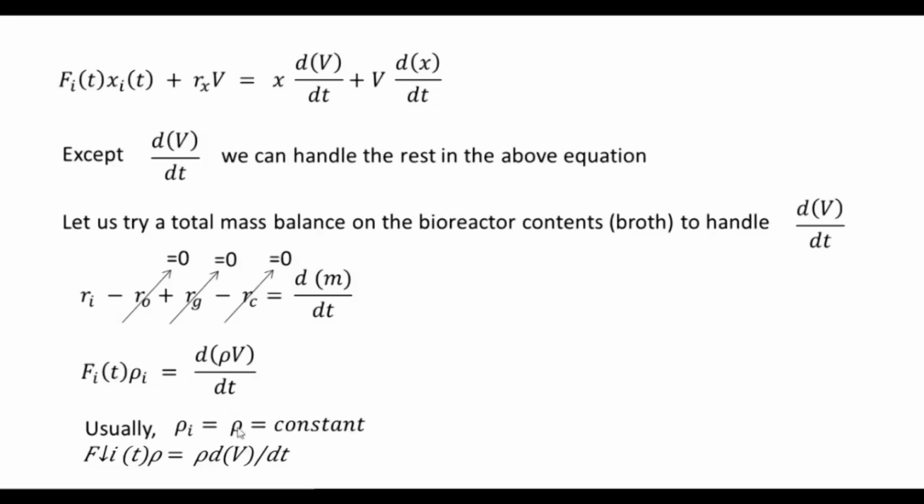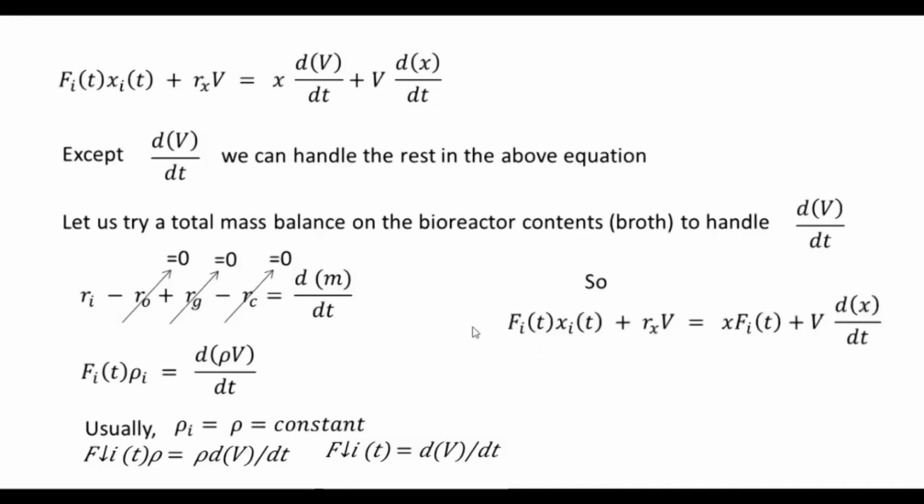Fi(t) times rho, the constant density, equals rho dV/dt. So Fi(t) is dV/dt, cancelling rho on both sides. Therefore this equation becomes Fi(t) Xi(t) plus Rx times V equals x times Fi(t) plus V dx/dt. So the dV/dt we have replaced by Fi(t) here. The rest is the same.